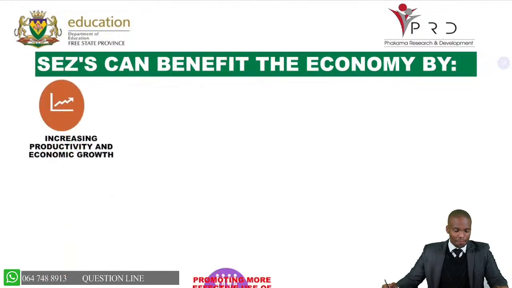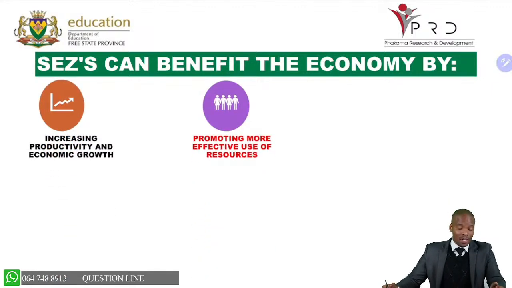Okay. So we also look at increasing productivity and economic growth. We have mentioned that. Promoting the effective use of the resources that are there, both the physical resources and the social resources. When I talk about physical resources, it's associated with infrastructure and mineral resources. With the social resources, I'm talking about people that are well skilled and developed in those particular areas.